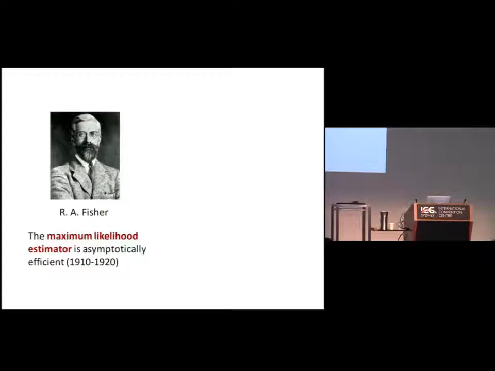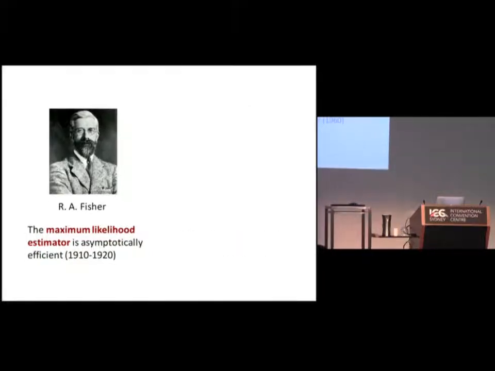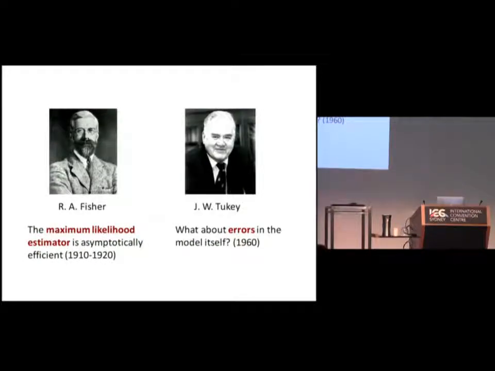It's not about what happens when you're given samples from some model that really lives in some class. It's about what happens when there are actually errors in the model itself. This question could have been asked very early at the inception of statistics, but really took its modern form in the work of Tukey in the 1960s, where he started empirically studying the question of learning the parameters of a one-dimensional Gaussian given some noise to the distribution, so that your samples didn't actually come from a Gaussian.